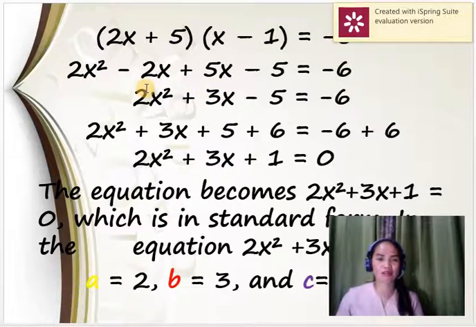Combining like terms, resulting in 2x² + 3x − 5 = −6. Making one side of the equation 0 by adding positive 6 to both sides, resulting in 2x² + 3x + 1 = 0, making our a = 2, b = 3, and c = 1.